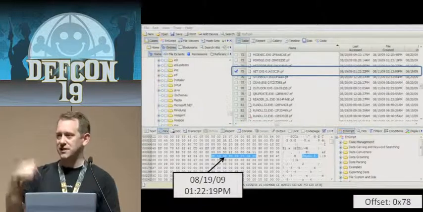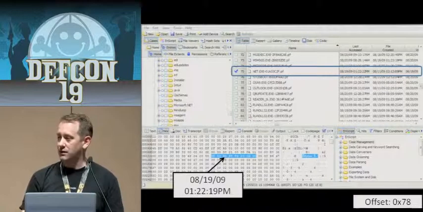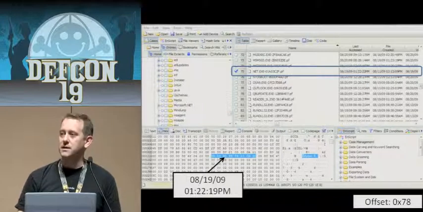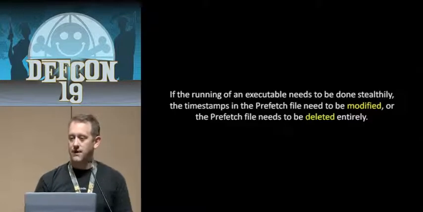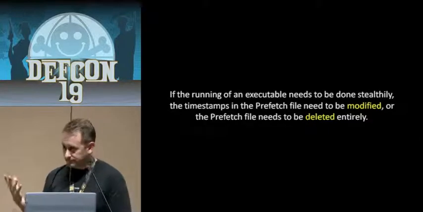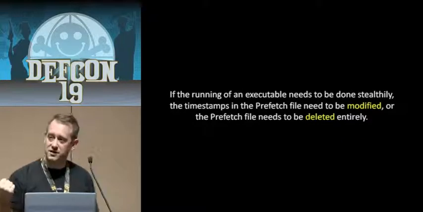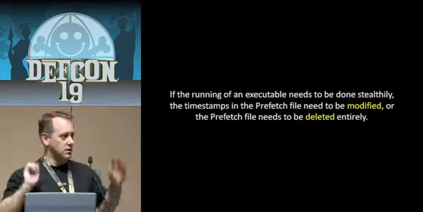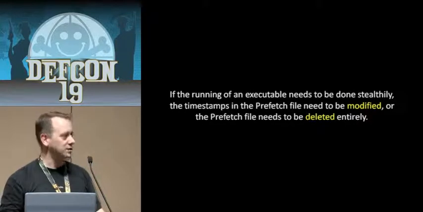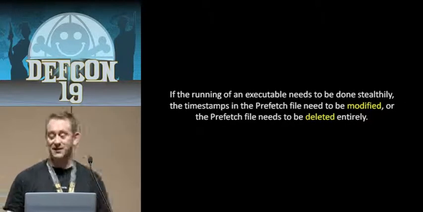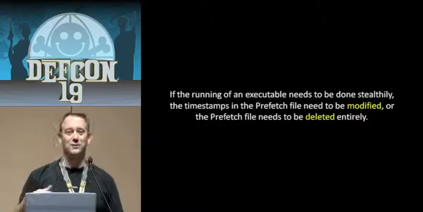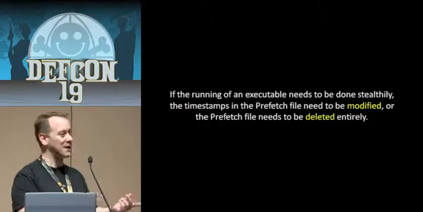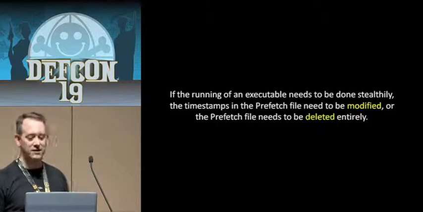Does that match the same time and date stamp that shows up for the file itself? Probably not. All right? So a wise person told me when they were reviewing the presentation, I believe his comment was, quote, screw that, I'm just going to delete the prefetch file completely. So you have an option. If you're going to run an executable, you can either delete the prefetch or you can go timestamp it and then go worry about the stuff inside it.